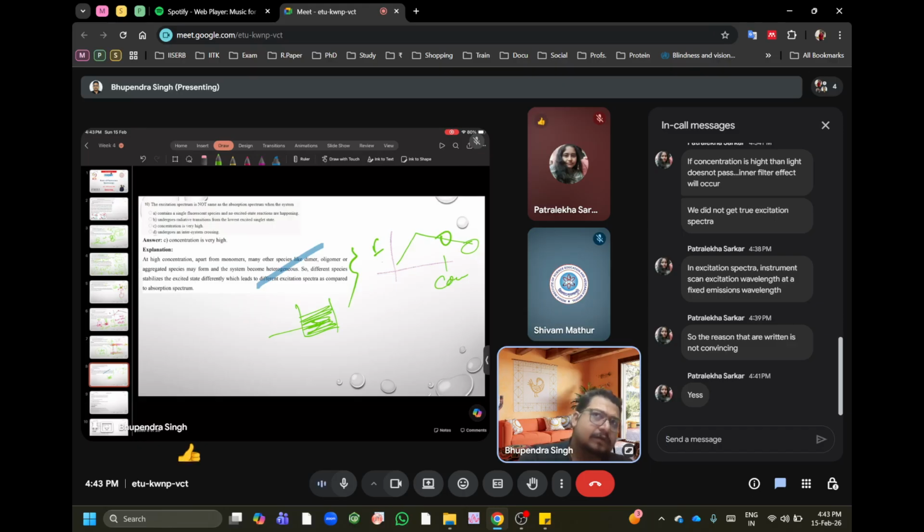Inner filter effect means the concentration is too high, your intensity is dropping after some concentration, because light is not reaching this position. This effect is about the concentration. It does not say anything about changing the nature of the spectrum.